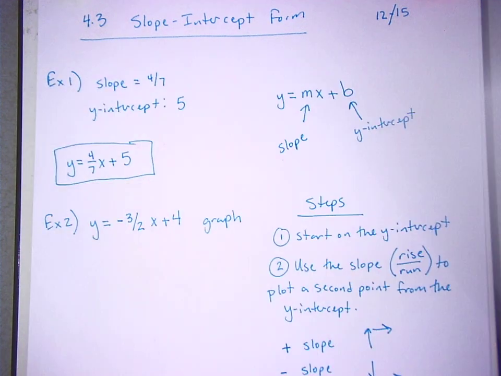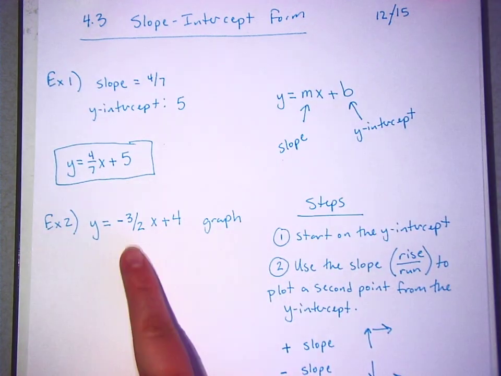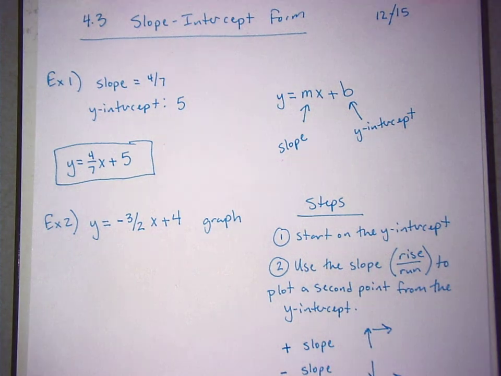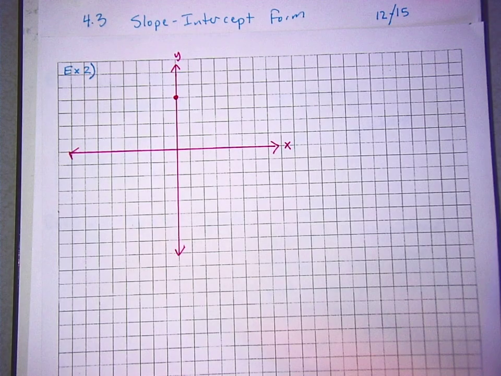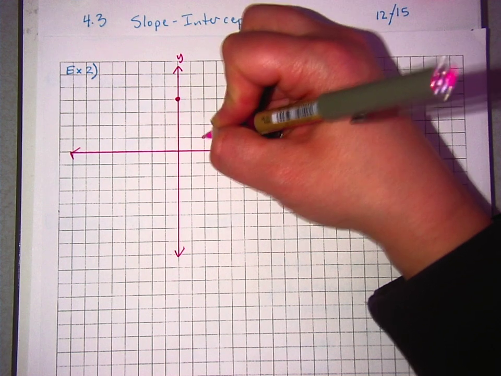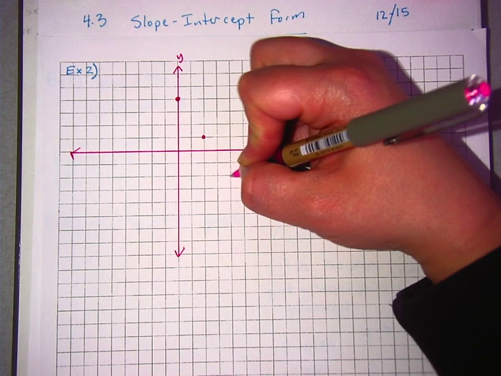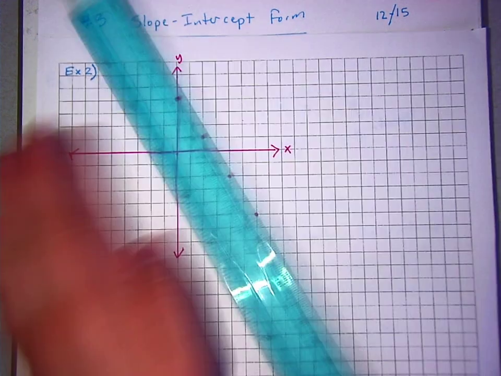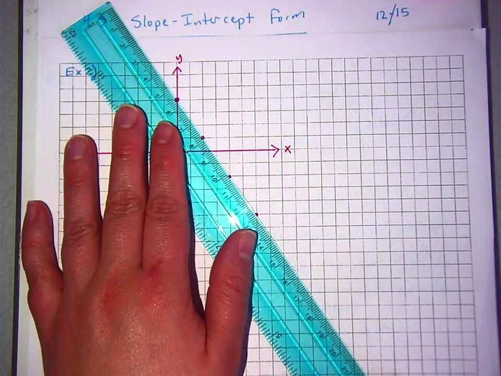And then it says that I need to use rise over run to do this -3/2, and with a negative slope I go down and then to the right. So from this point, I'm going to go down 3 over 2, down 3 over 2, and I'm going to draw that line in.